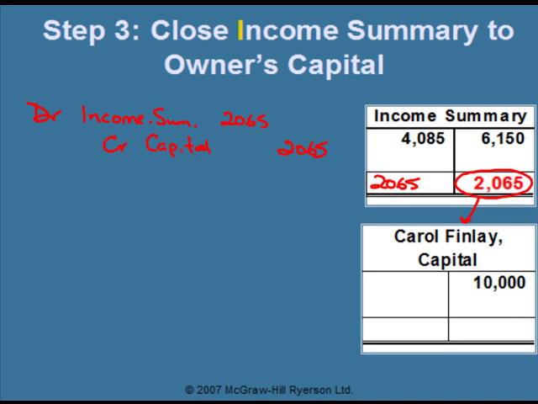So that $2,065 gets put on the credit side of that capital account. The explanation for the journal entry would be to close the income summary account. It's really important that you remember it's the income summary account that you're closing, not the capital account. The capital account is a permanent account, and it's changing, but it's not being closed out to zero.